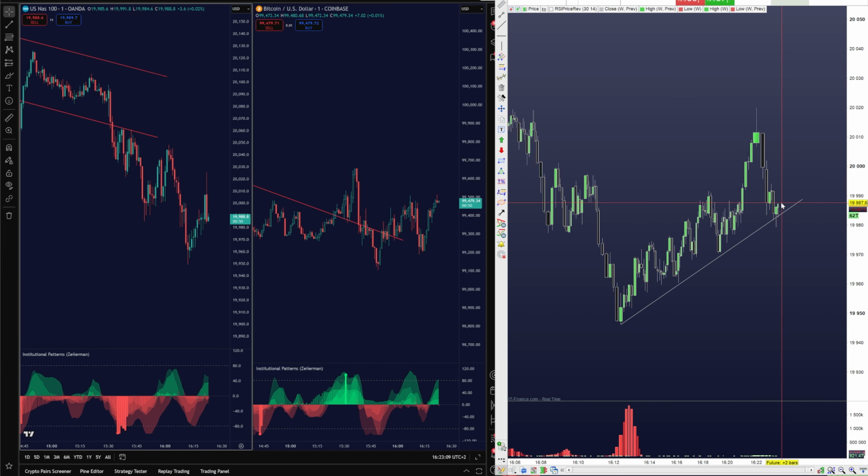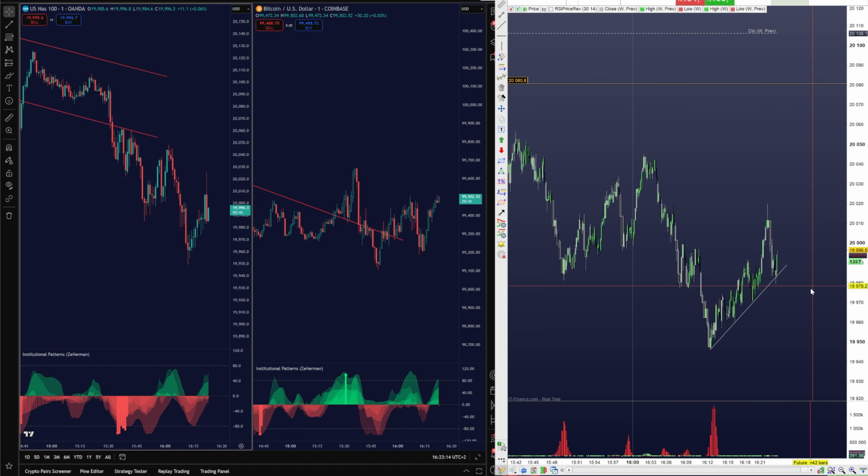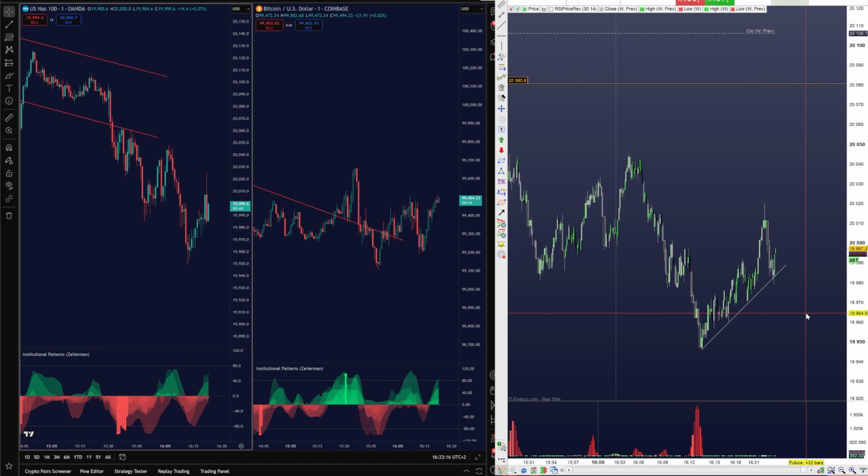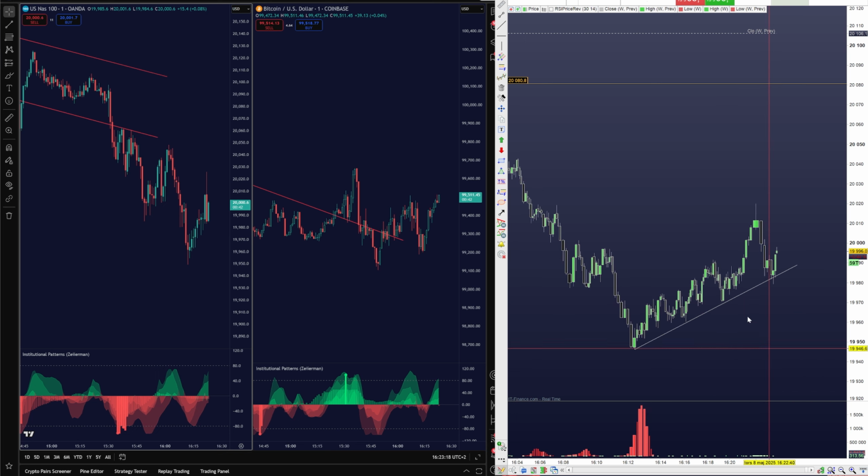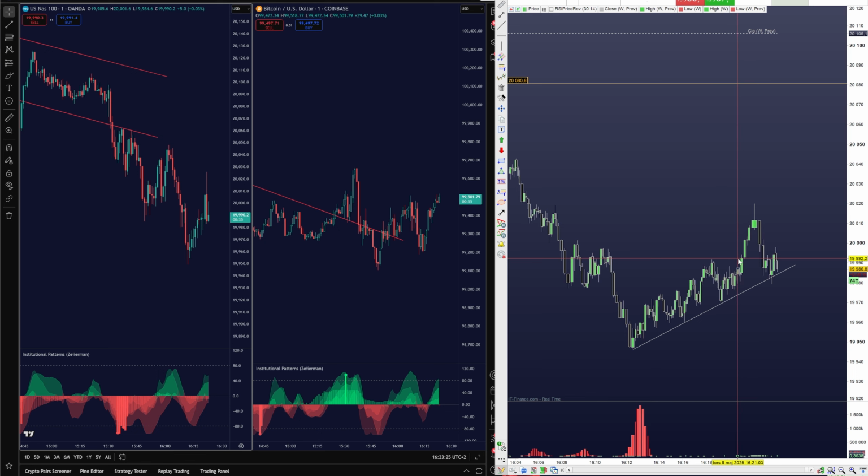We are still in this intraday bullish trend, but in the broader sense we are in a negative trend. So if we want to catch these moves, we have to take less risk, right? Since we have the trend against us, but we can still get a nice move to the upside.